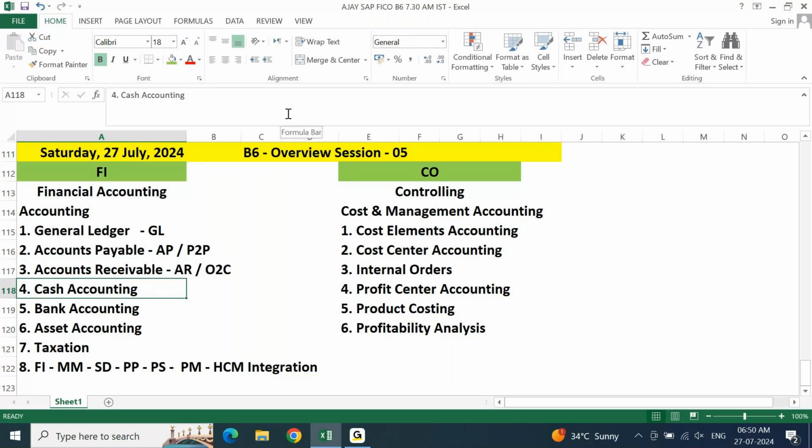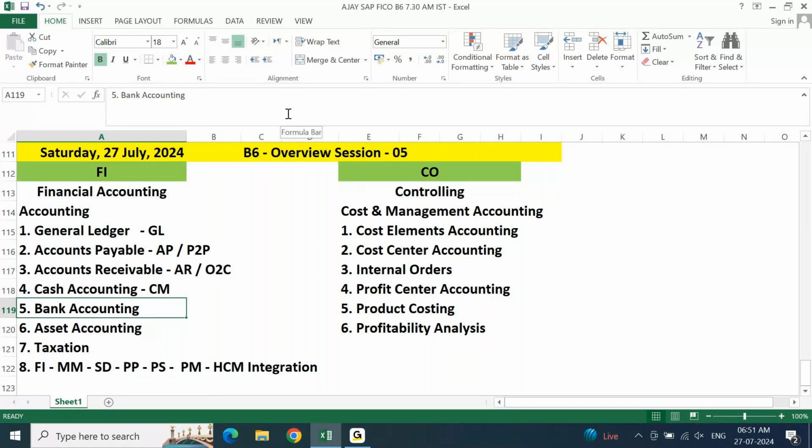Cash accounting, so this can also be represented as CM, cash management. But this cash management is not represented from the FI point of view. It is represented from your FSCM point of view. In short, there is a module called FSCM, Financial Supply Chain Management.